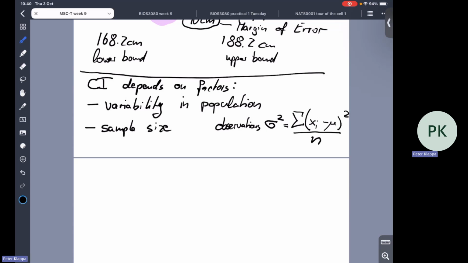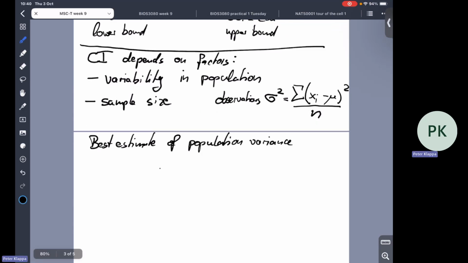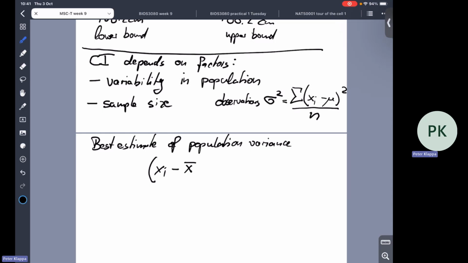Yeah. So the best estimate of the population variance would be, I take my observations, I use the estimate for the population mean, which in this case is the same as the observation mean.